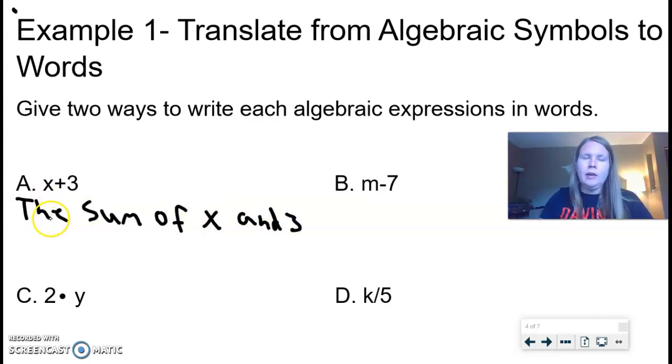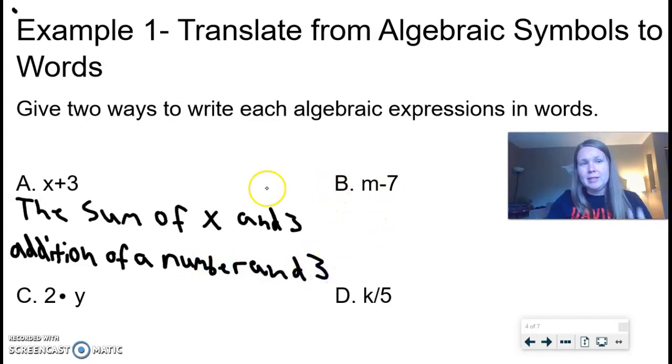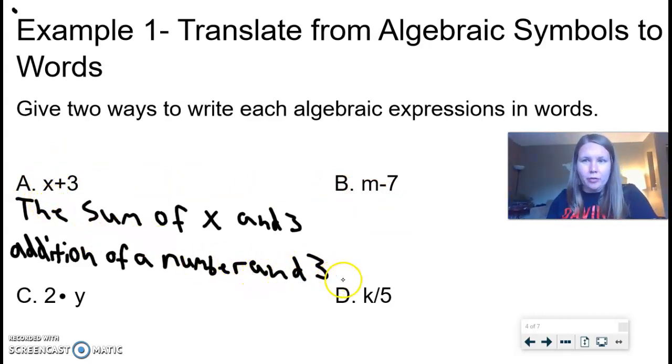Something else I could say, maybe addition of a number and 3, because remember this x is your variable. So addition of a number x and 3 would work too.